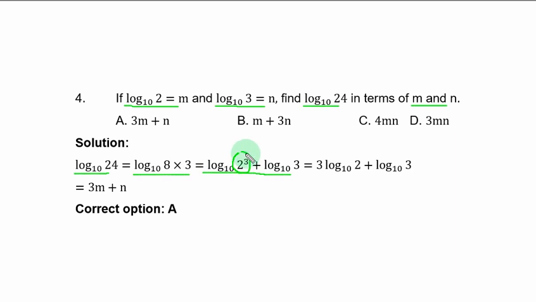By the power law, power 3 is used to multiply the log in this form. So you have 3 log 2 base 10 plus log 3 base 10. Log 2 is m, so you have 3m, plus log 3 base 10 is n, so you have plus n. So A is the correct option.